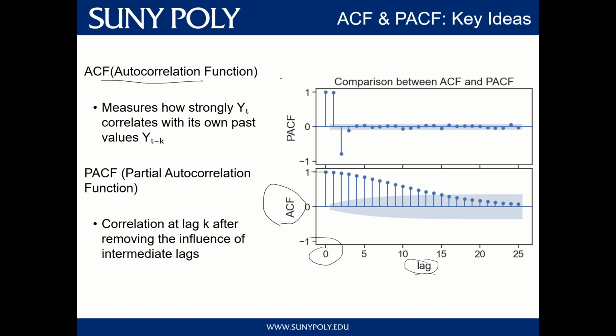For example, I want to compare month 2 with month 1, month 3 with month 2, month 4 with month 3, and we keep going. That's our correlation with lag equal to 1. So lag equal to 5 means I'm going to check the correlation with the value 5 periods before, like t-5. That's pretty much the idea.